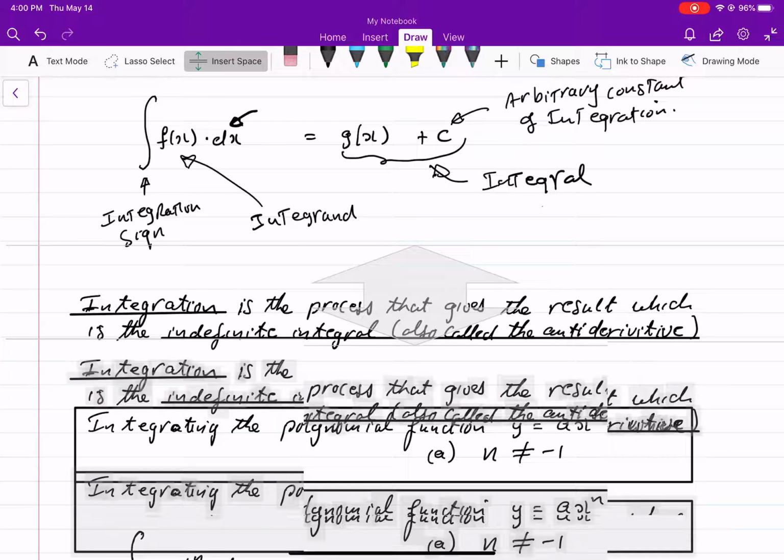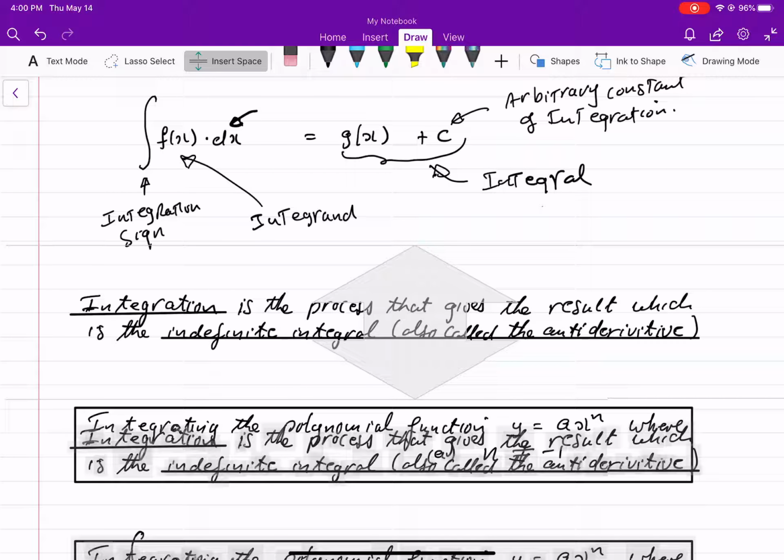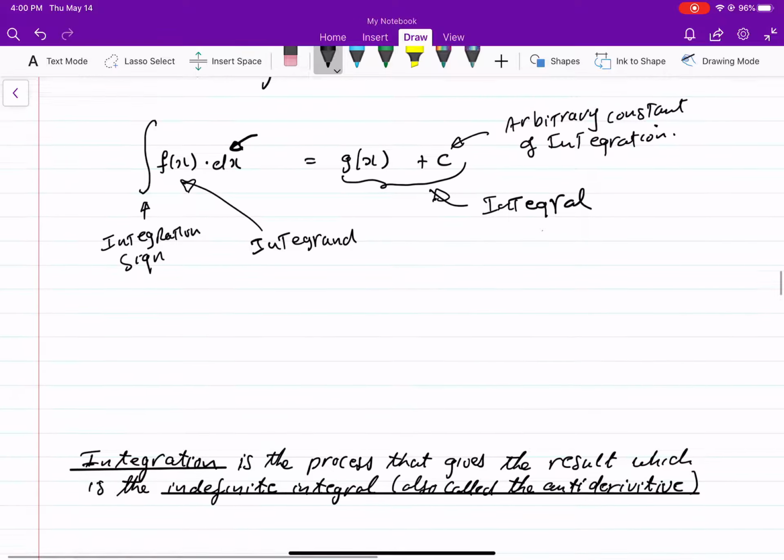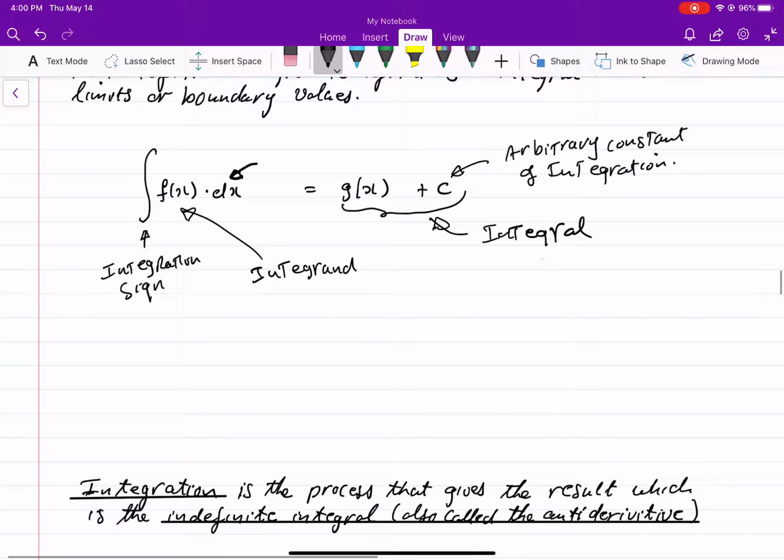It actually tells me, when I have a definite integral, which we'll talk about later on, the ones that would have boundaries or limits, the variable associated with those limits. I'll talk about that again when we do definite integrals. So this dx is simply indicating the variable of interest.